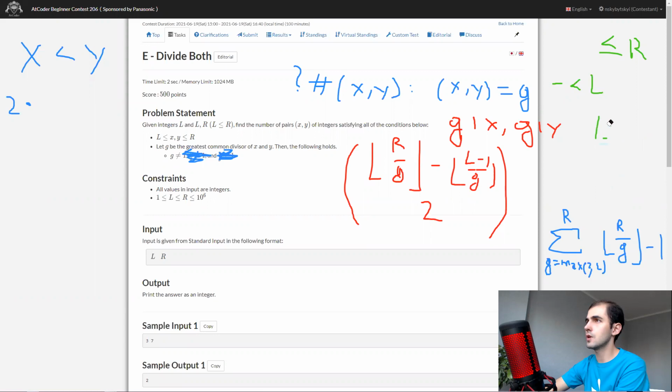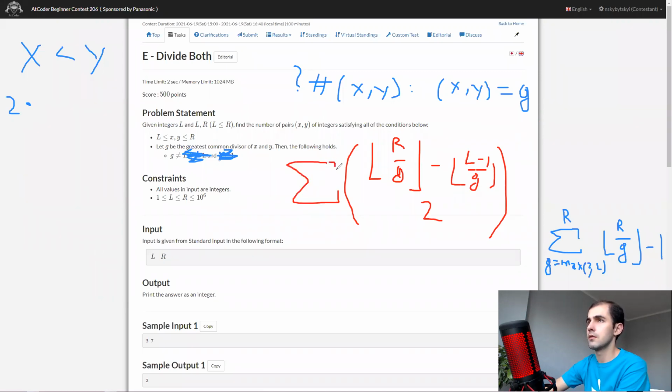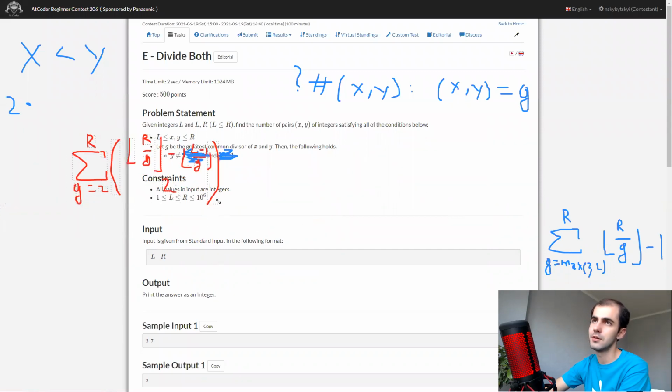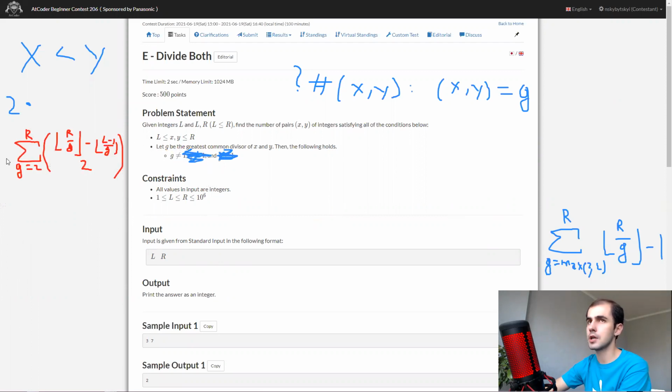So one could try the following formula and just sum this thing from g equal to 2 all the way up to g equal to right. One could try this, but as we already said, that leads to severe overcounting. You can count the pair 4 and 4 twice, for both g equal to 2 and g equal to 4. Well, let's not say 4 and 4, let's say 4 and 8, because we assume that x is strictly less than y.